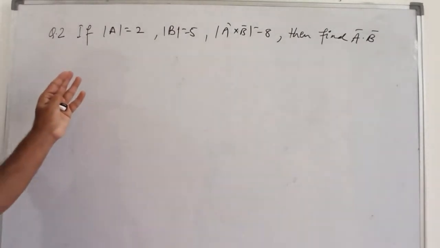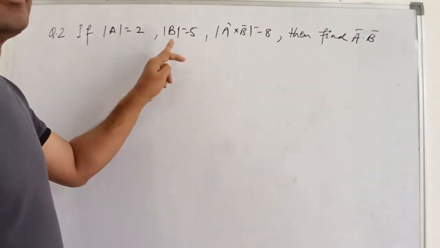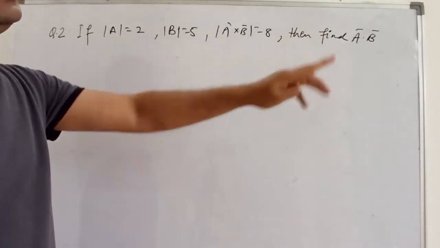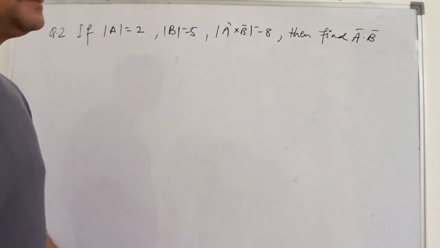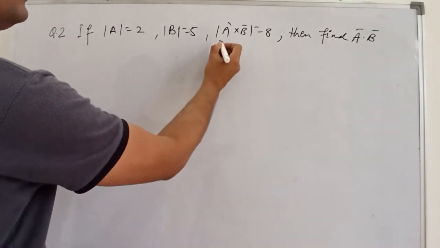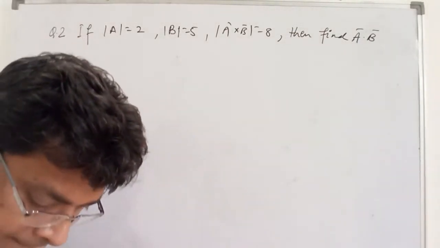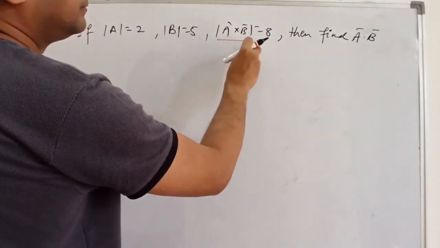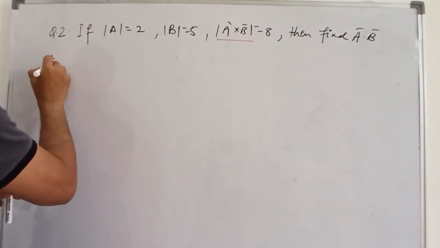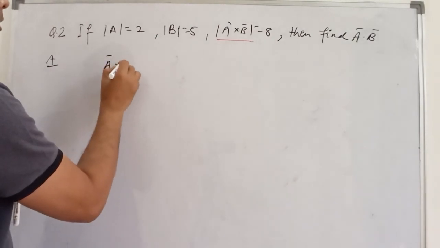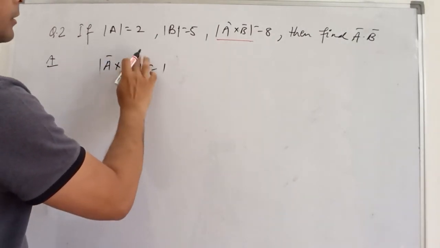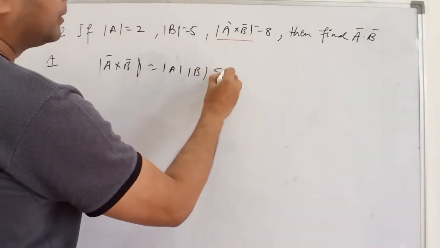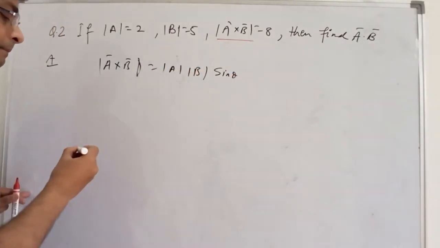We have a question here. If mod of A is equal to 2, mod of B is equal to 5, mod of A cross B is equal to 8, then find A vector dot B vector. First of all, focus on this. It involves the formula that we have done. What formula? Mod of A cross B is equal to mod of A, mod of B into sin theta.